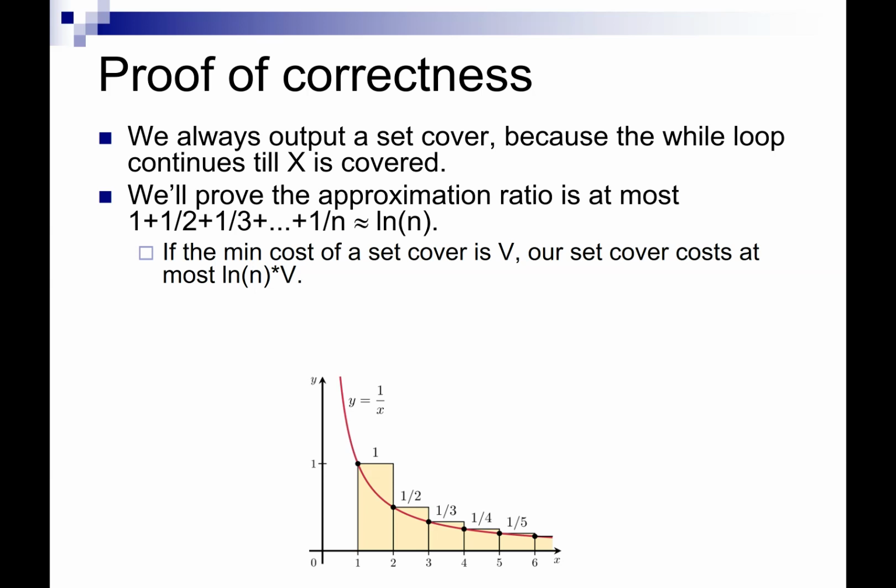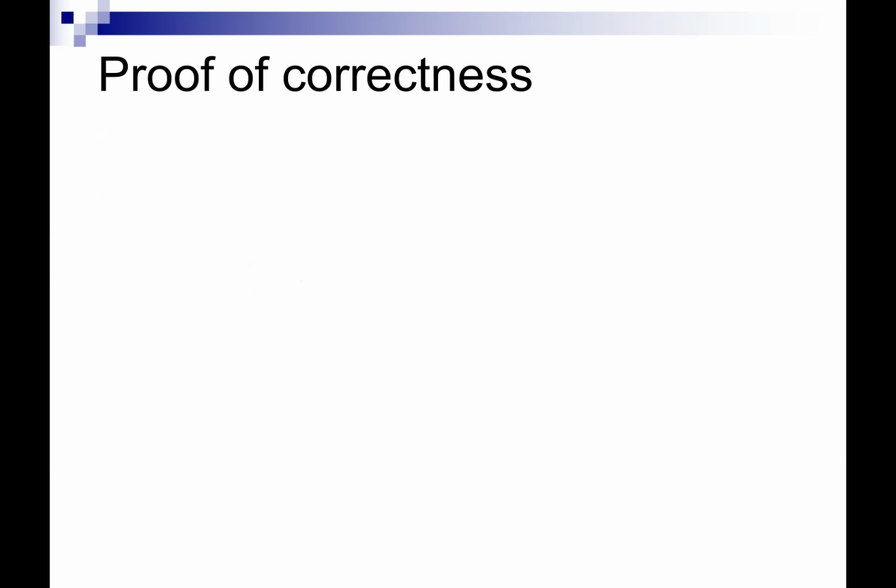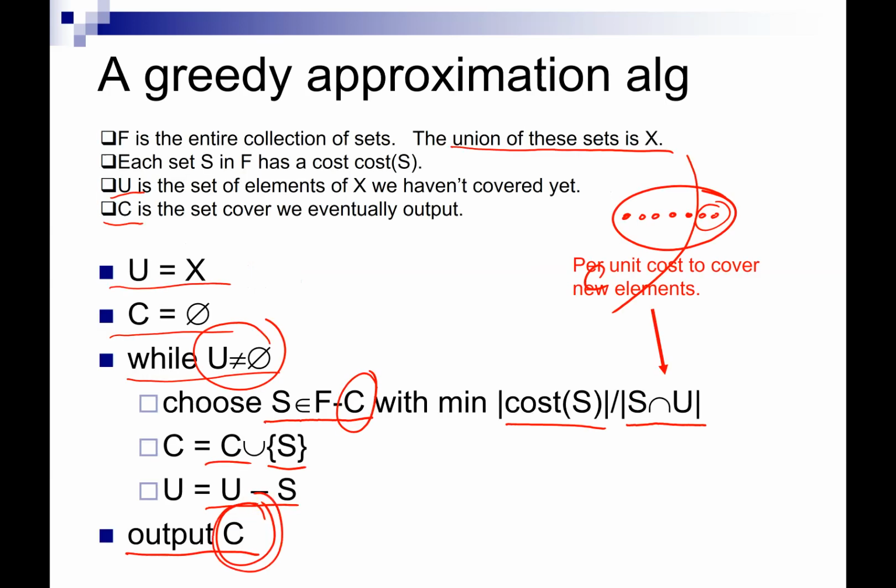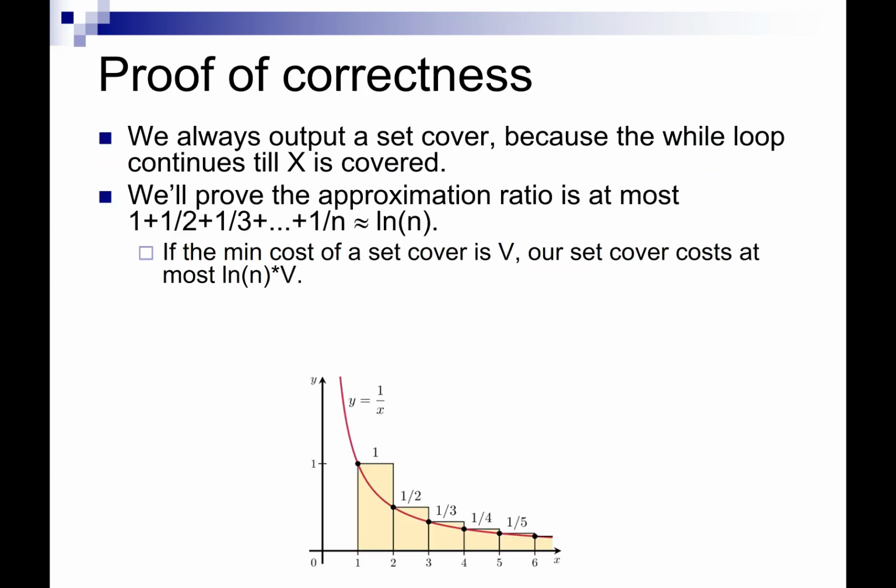The next thing is to show the approximation ratio for this algorithm. It's to show that the cost of the set C is not too much larger than the minimum possible cost. Here, we said that the approximation ratio is going to be log n, natural log of n.